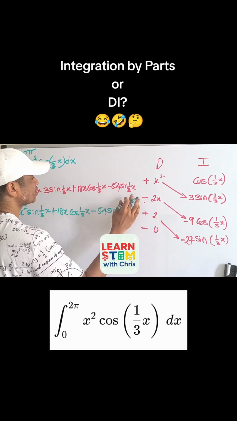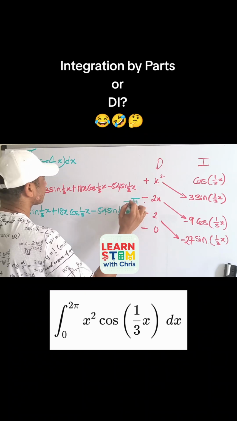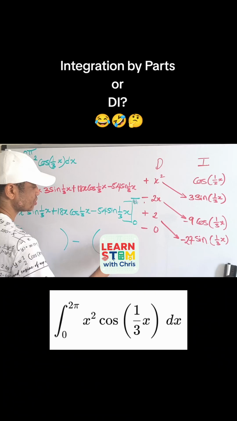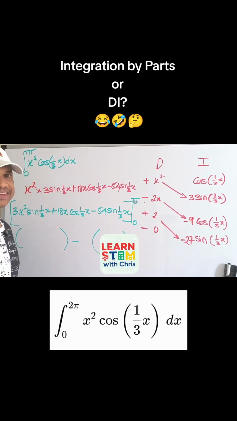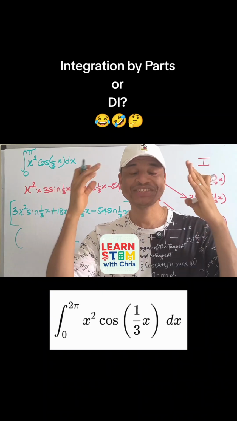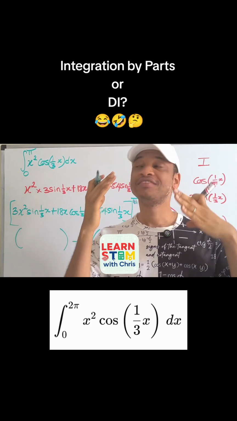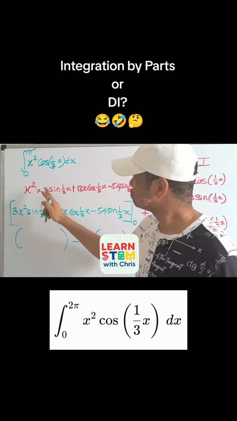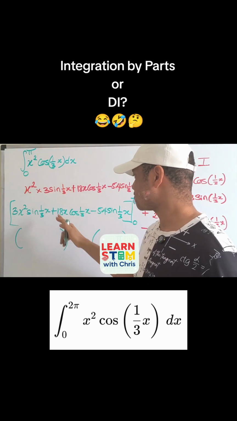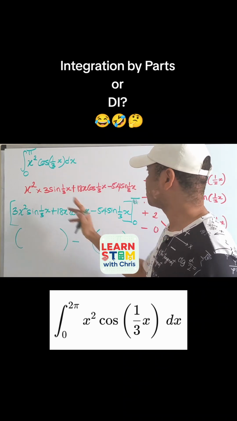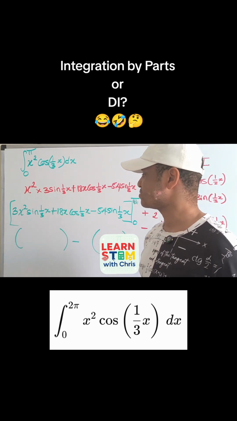All you need to do now is plug in pi and 0 and you solve it. So this is so easy. The DI method is so easy. Integration by parts is just a repetition of this. All you need to do is substitute pi wherever you have x and substitute 0 wherever you have x, and minus it.